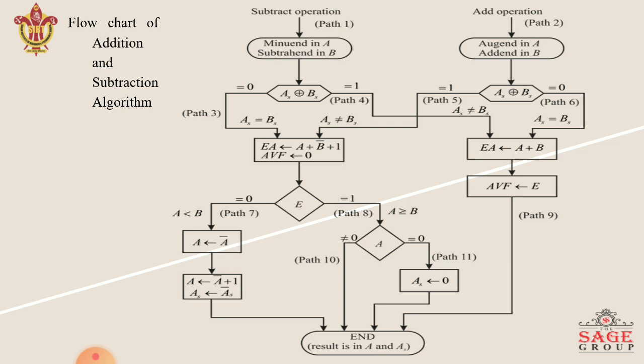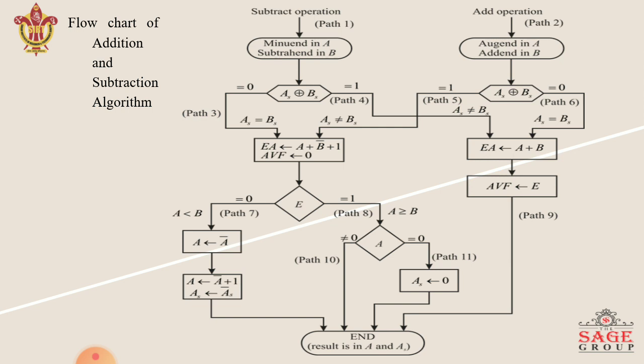Now in the subtraction algorithm, if we get 0, and in the addition algorithm, if we get 1, then in the flow chart, in both conditions, we do the same operation, and the operation is A plus B bar plus 1, and the output of this operation goes into EA. Here E is the carry bit.